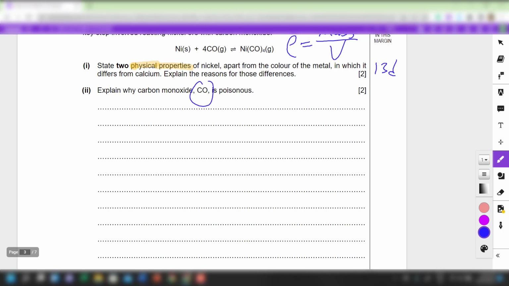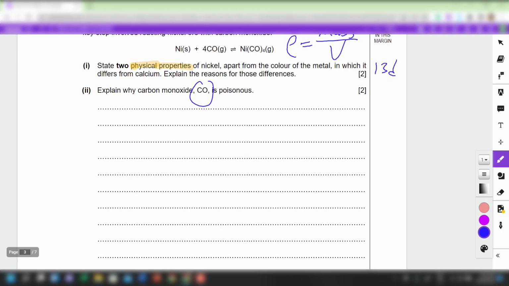It's 2 marks. So the main thing here, you really need to highlight is the irreversible binding of CO with the iron 2 in hemoglobin. This is actually a ligand exchange reaction and displacement of oxygen. Remember that. And then what happens after that? Oxygen cannot be transported around the body, and that leads to suffocation, cell death, etc.